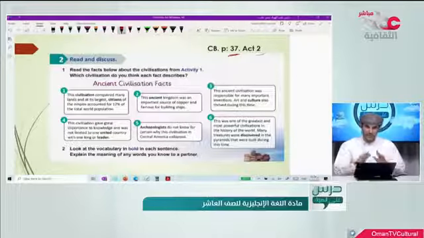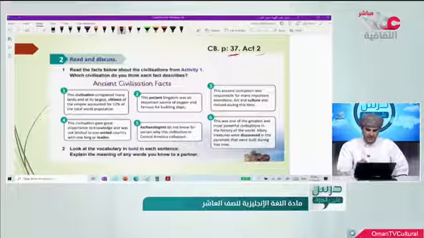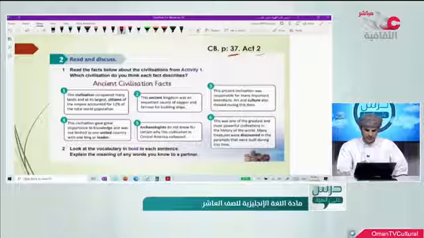So 12% of the whole world is for this civilization. Number 2, this ancient kingdom was an important source of copper and famous for building ships.